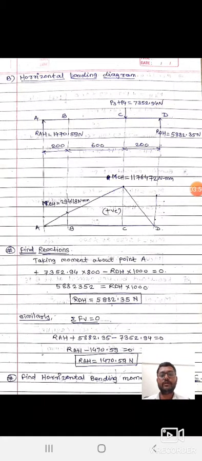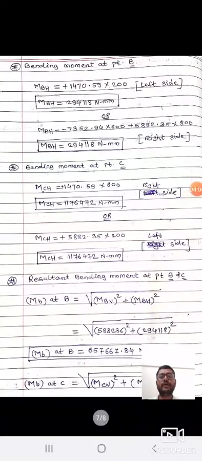The next step is to find the horizontal bending moment diagram at points A, B, C and D. How to find the bending moment at points B and C?